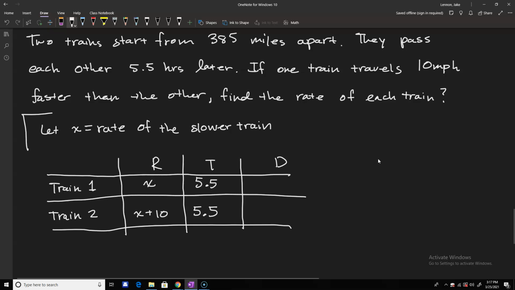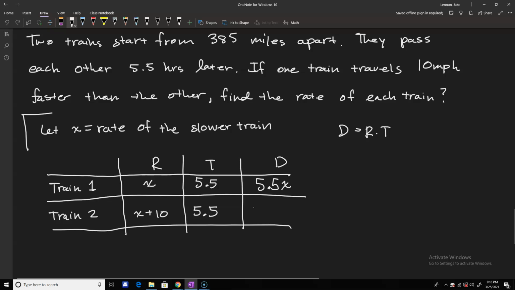So basically what's happening is one of the trains is going to travel a little bit farther than the other one because they both travel the same time, but one's traveling faster than the other. And we know the distances. We get the distance by multiplying, right? Because distance is equal to rate times time. So x times 5.5 is 5.5x.